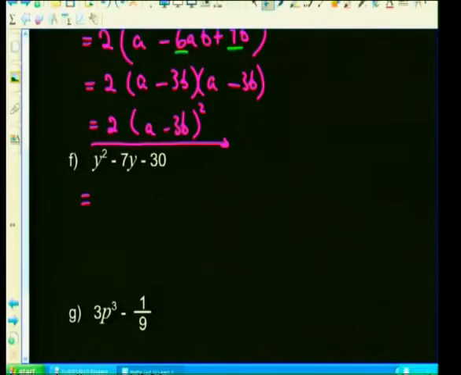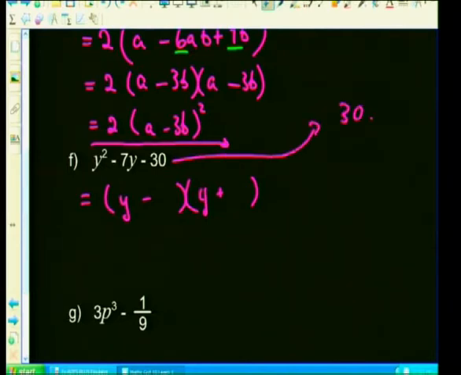Question F over here looks like quite a simple trinomial. Type 4, so I know the biggest factor is going to get the negative, and the other factor is going to get the positive. Right, let's have a look at two numbers multiplied together that give you 30.